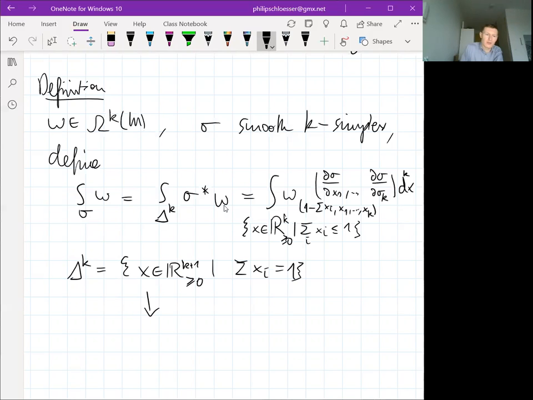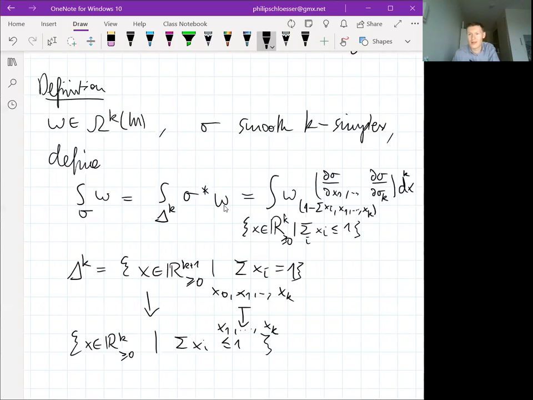And we can map it to the set of vectors in R to the k where the sum of the xi is smaller than or equal to 1 by just mapping x0, x1 until xk to x1 until xk. And then you can just get the 0th coordinate back by taking 1 minus the sum of the remaining ones.